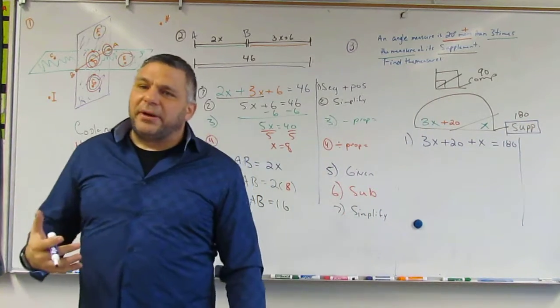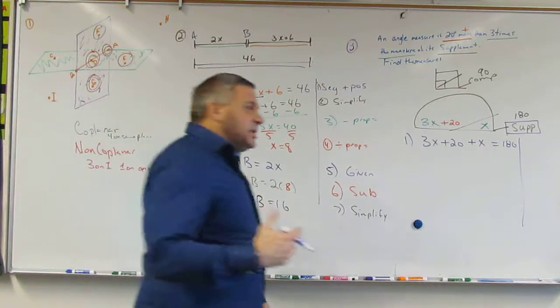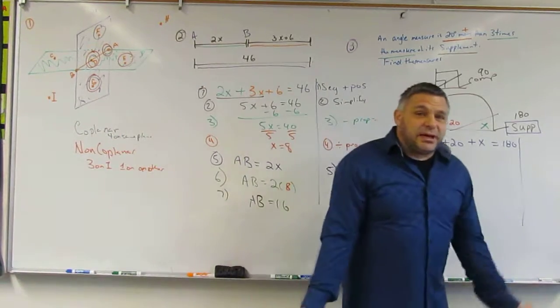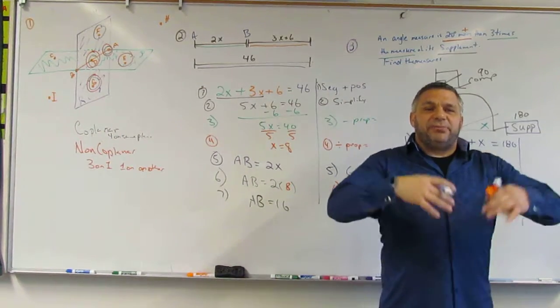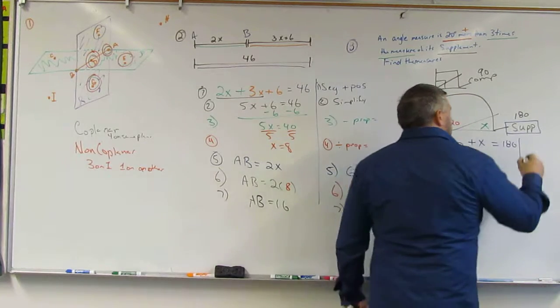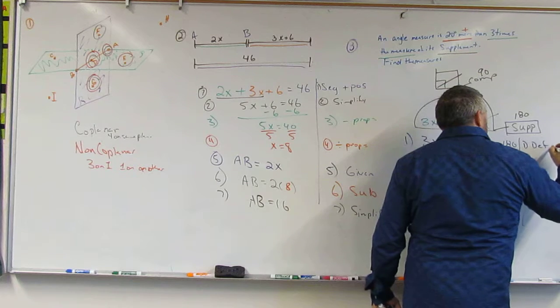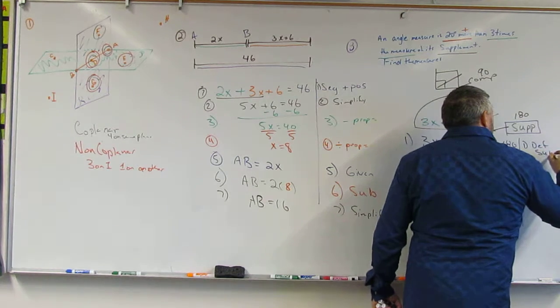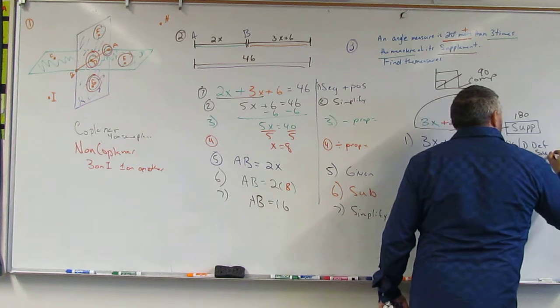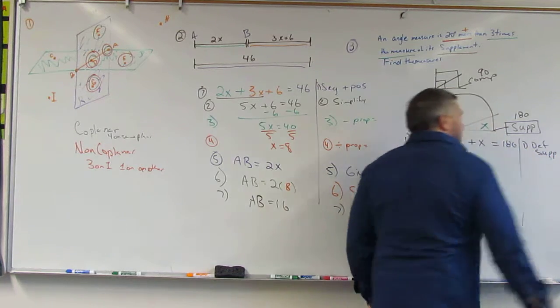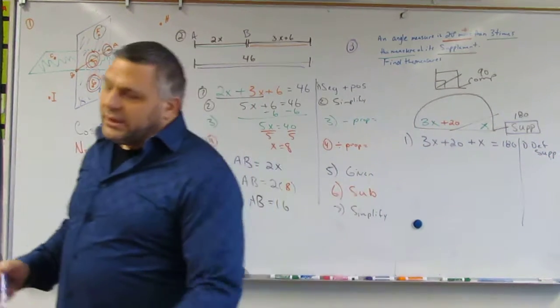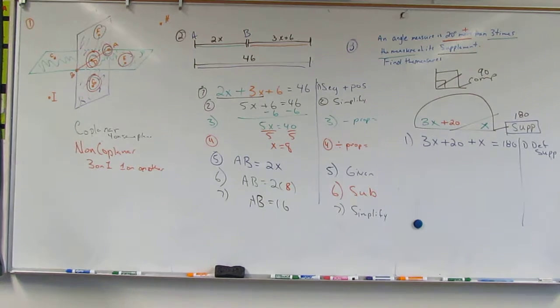That it's a supplement, right? So I could say because it's a supplement. But what do we say instead of because? Definition of supplementary angles. Okay? It sounds all sophisticated. It's not that bad, though.